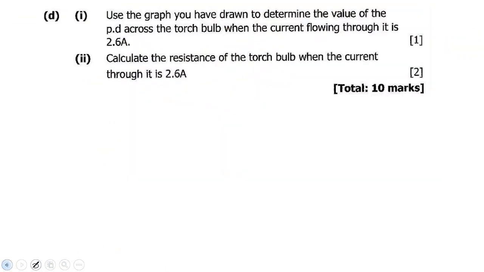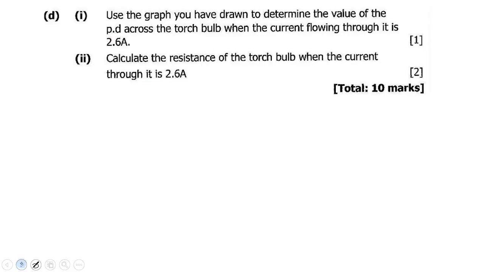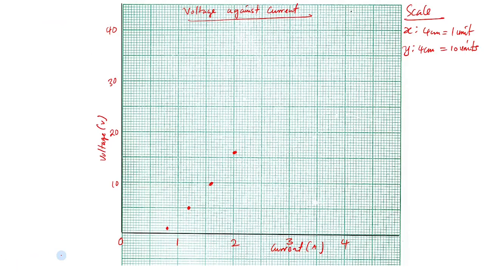Then 2.4 comma 23. 2.4. If this is 2.5, 2.4 should be here too.